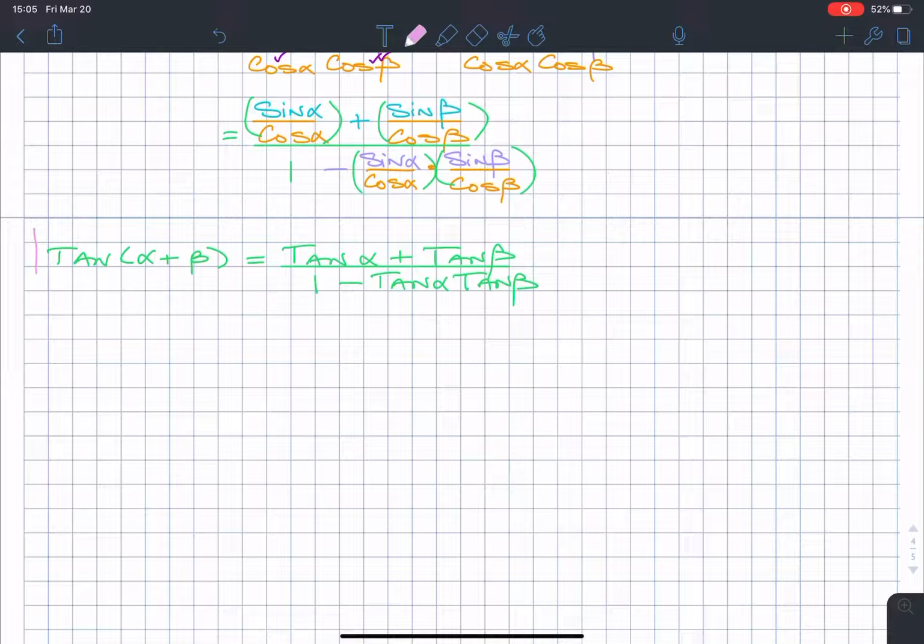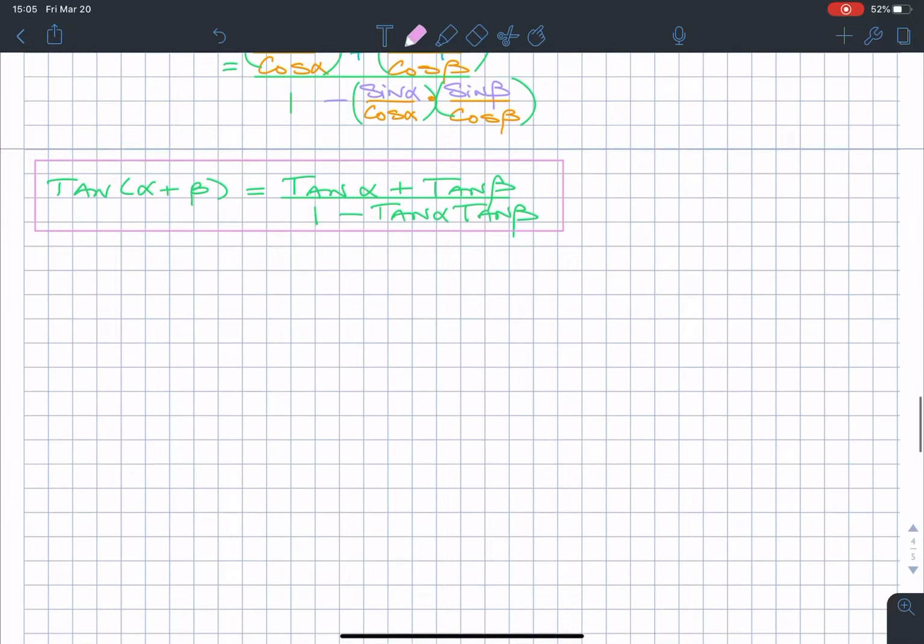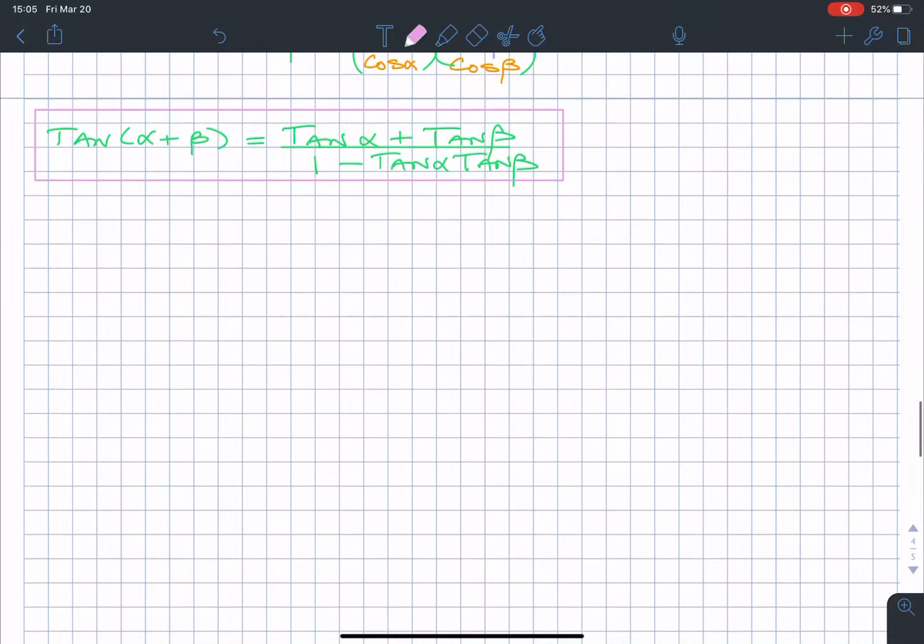So I claim that this is one identity for tangent of a sum.